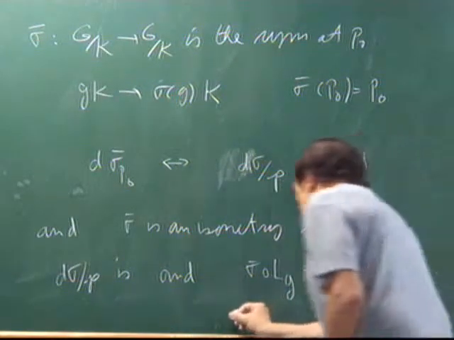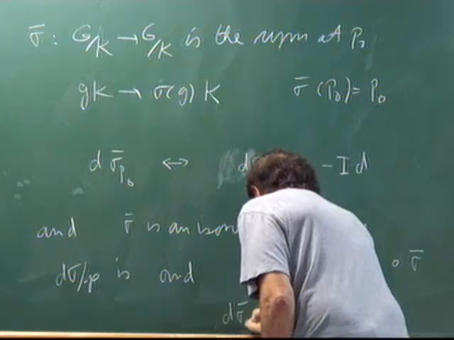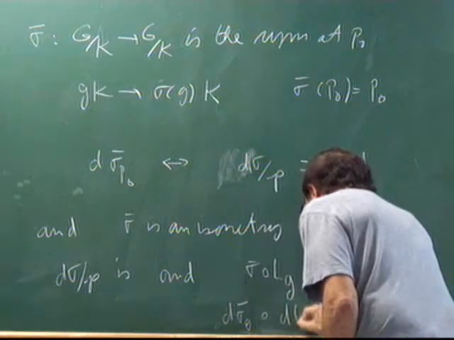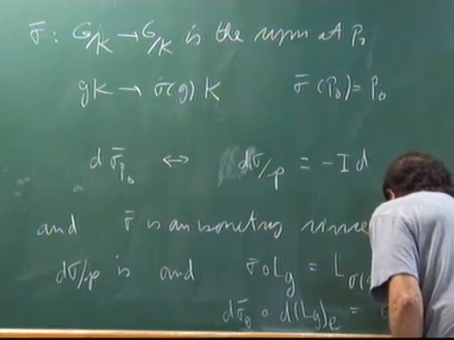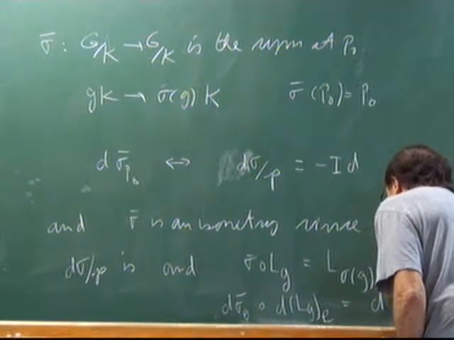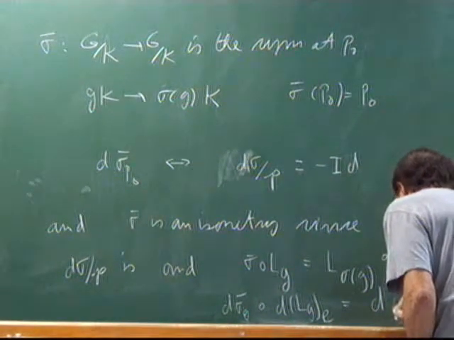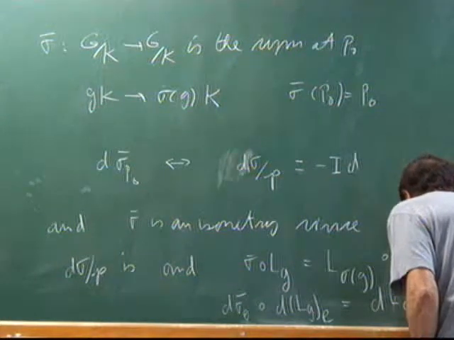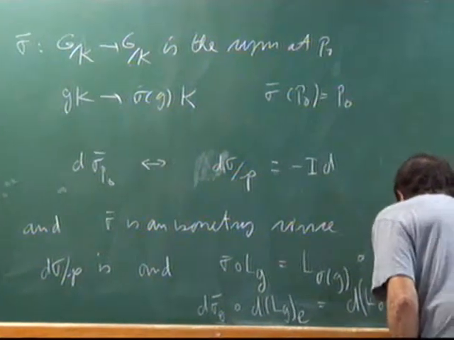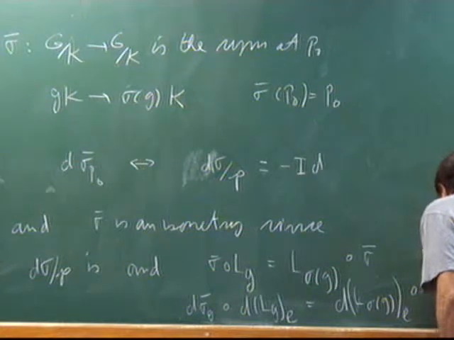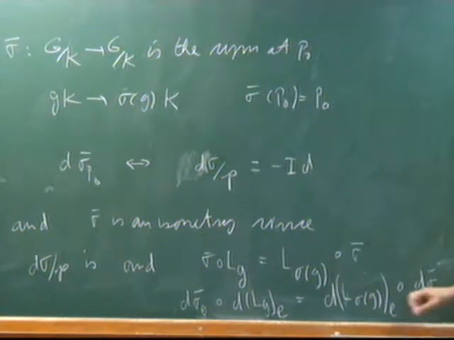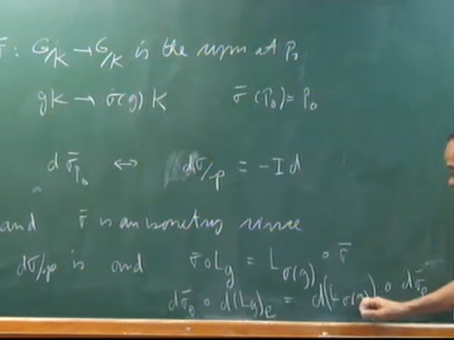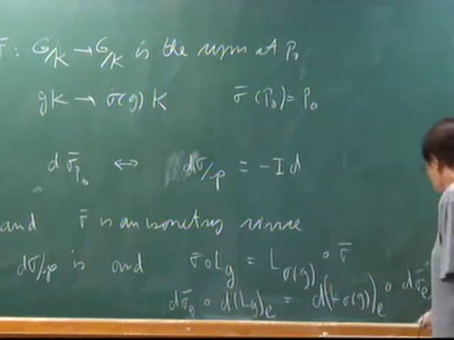Then I get the derivative of sigma bar at g composed with the derivative of L_g at the identity. That equals the derivative of left translation by sigma(g) at the identity composed with d sigma bar at the identity. Left translations are by definition isometries. Therefore, that's an isometry.